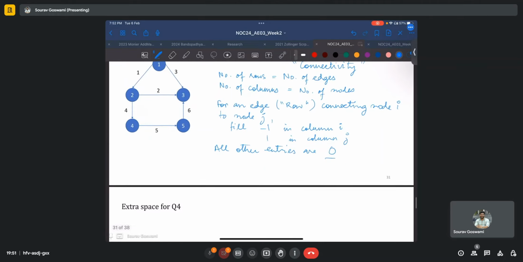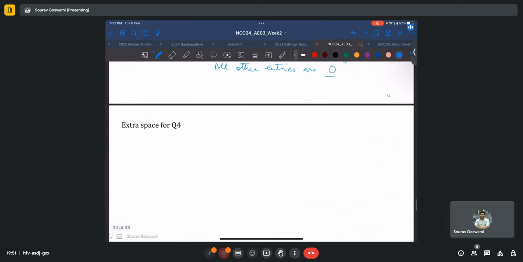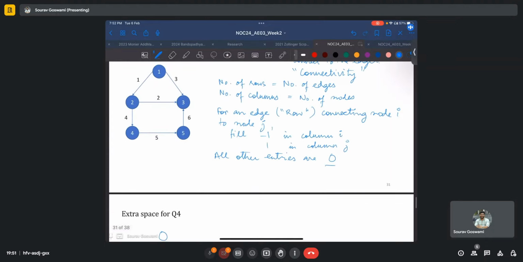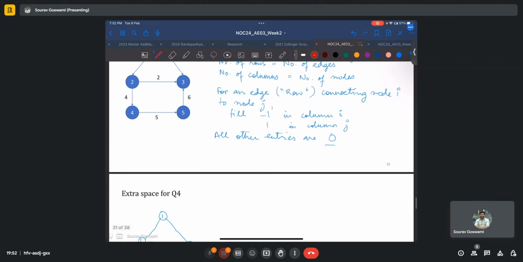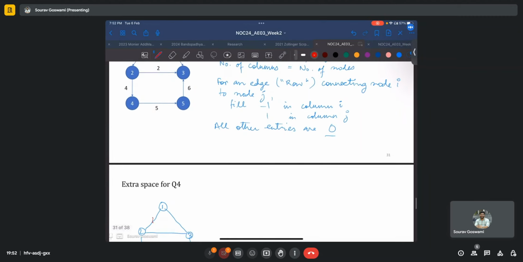So I'll just redraw this here. 1, 2, 3, 4, 5. 1, 2, 3, 4, 5. They are connected. I'll put the arrows. So this is our edge 1.